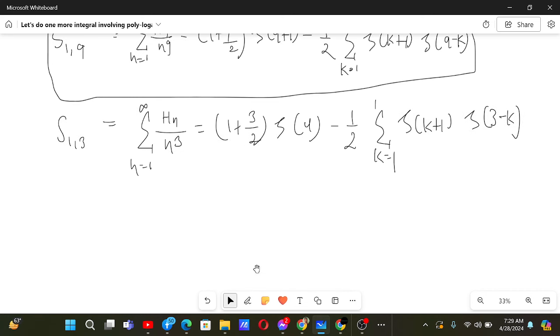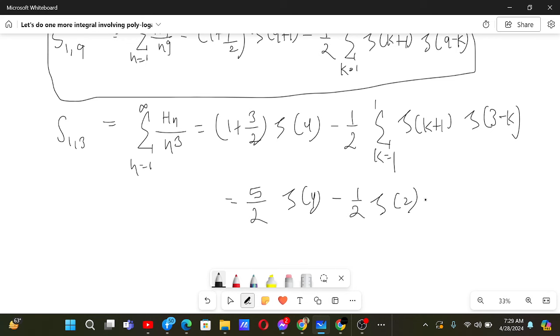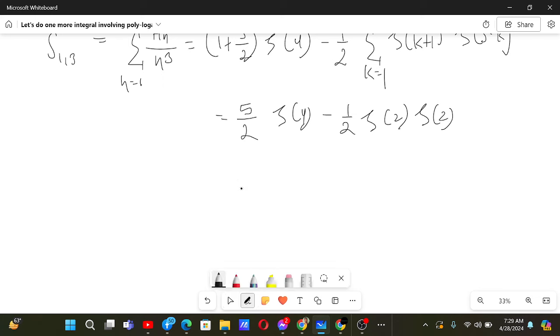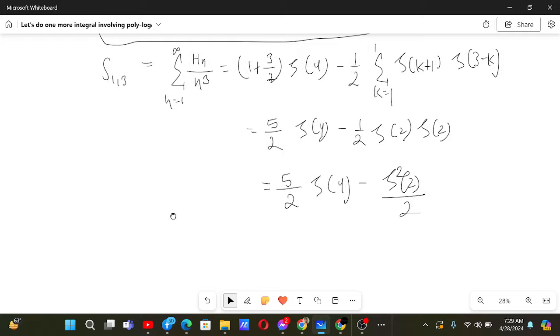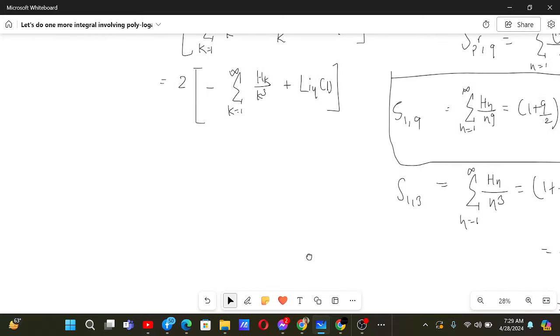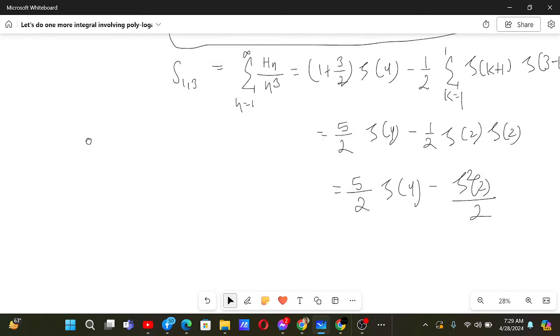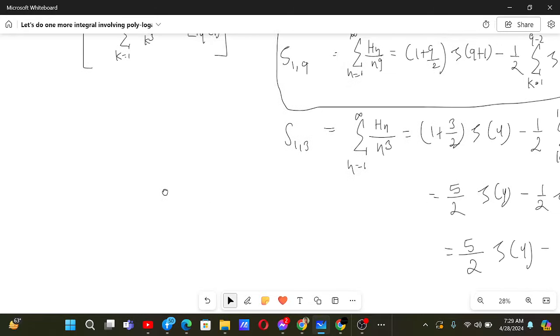Let's evaluate this sum. We get 5 by 2 Riemann zeta of 4 minus 1 by 2 Riemann zeta of 2 times Riemann zeta of 2. So this is just 5 by 2 Riemann zeta of 4 minus Riemann zeta square 2 by 2. Now let's substitute this value of the sum over here.